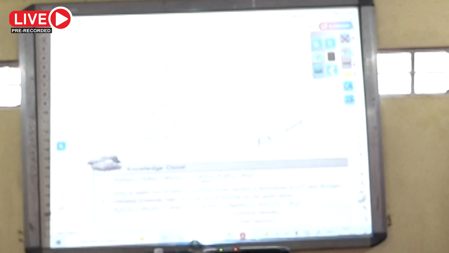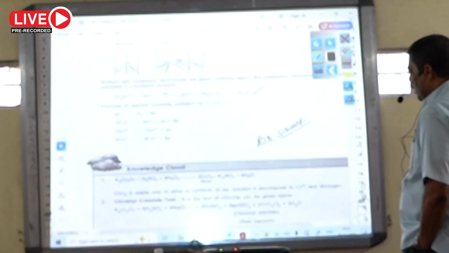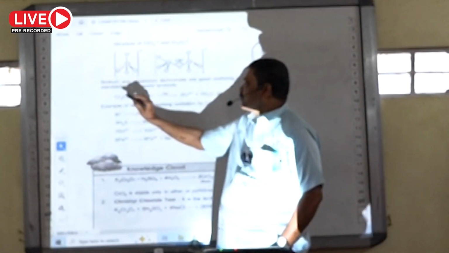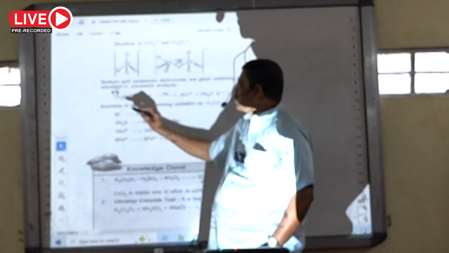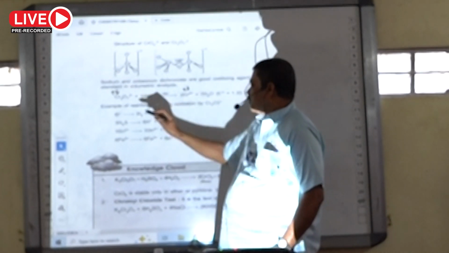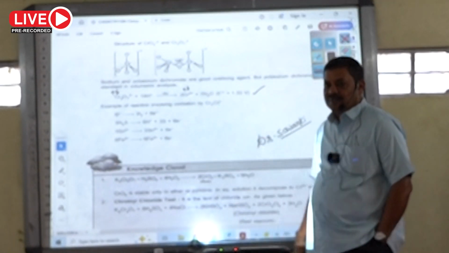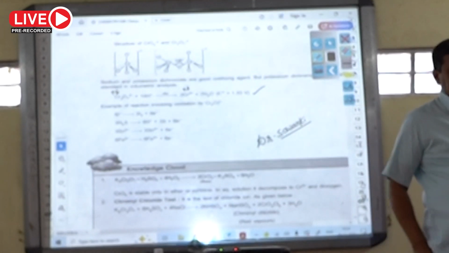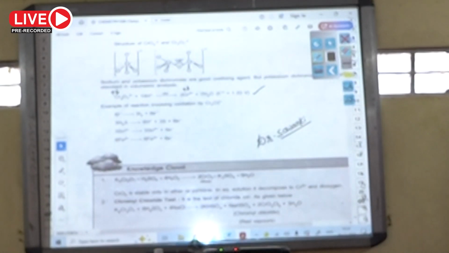It is acting as an oxidizing agent. So in this process, the +6 state of chromium goes to +3 state. Oxidation number is decreased. Decrease in oxidation number is called reduction.